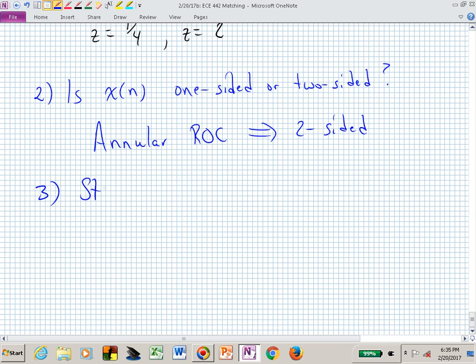Another question. What's the structure of x of n? Or is it maybe clear what I'm asking? What are the modes? Do I have more than one mode?